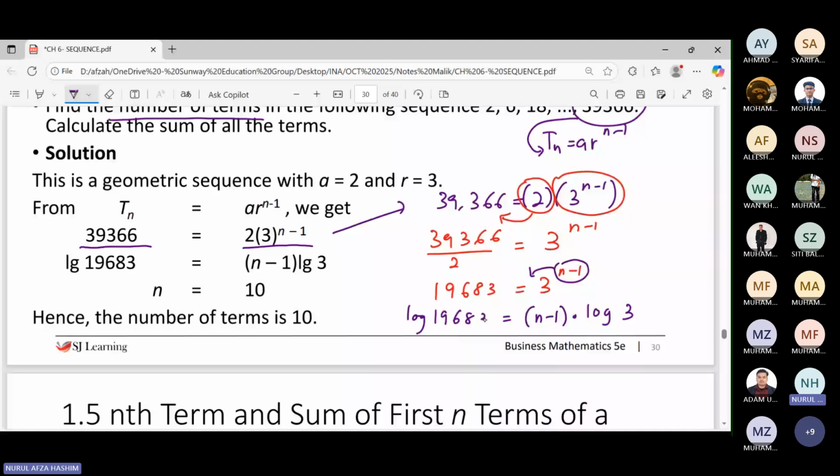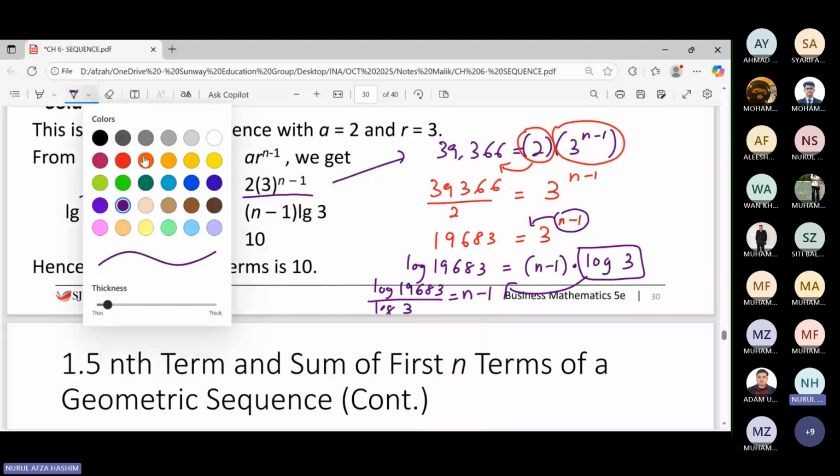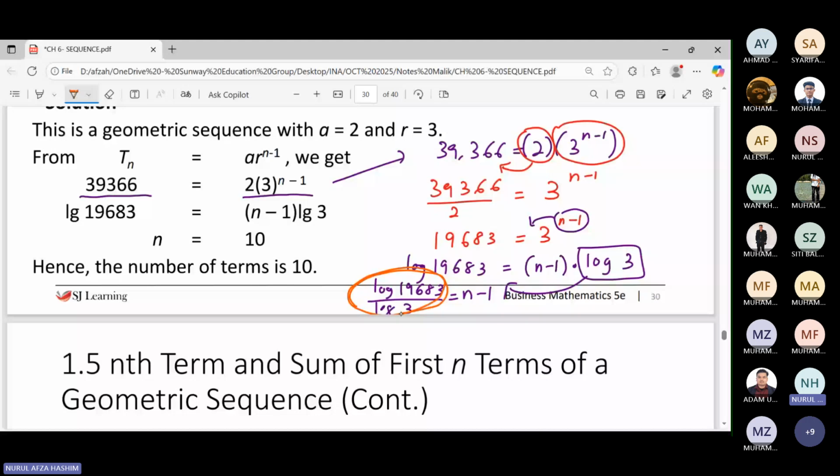Because this is multiplication, when you cross over, it's going to be divided. So here it's going to be log 19,683 divided by log 3, equals n minus 1. Make sure that when you press your calculator, you should get 9. This is how you get your 10 here: 9 plus 1 is 10.